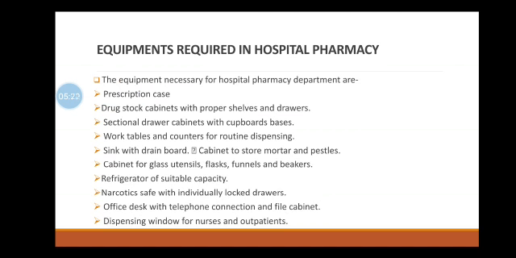The usual equipments are the prescription case, drugstore cabinet with proper shelves and drawers, sectional drawer cabinets with cupboard bases, work tables and counters for routine dispensing, sink and drainboard, cabinet to store mortars and pestles, cabinets for glass utensils, flasks, funnels and beakers, refrigerator of suitable capacity, narcotic safe with individual locked drawers, office desk with telephone connection and file cabinet, shelf space for pharmaceutical library, dispensing window for nurses and outpatients.